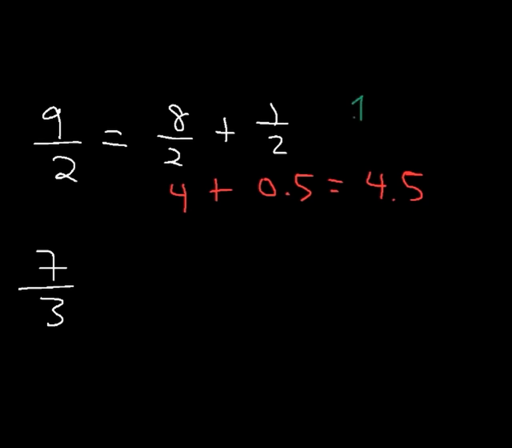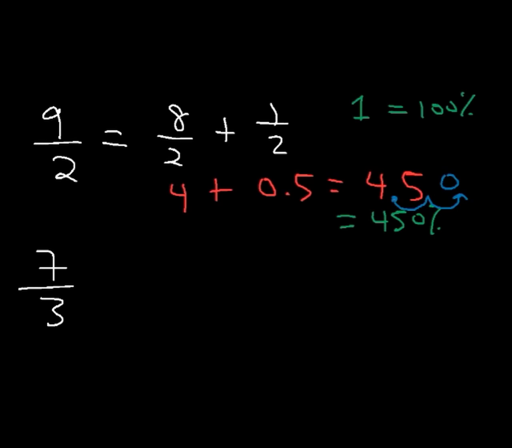By the way, as a percentage, 1 is 100%. If you want to convert a decimal into a percentage, multiply by 100. So 4.5 is 450%. A quick method is you can move the decimal point 2 units to the right, so you get 450.